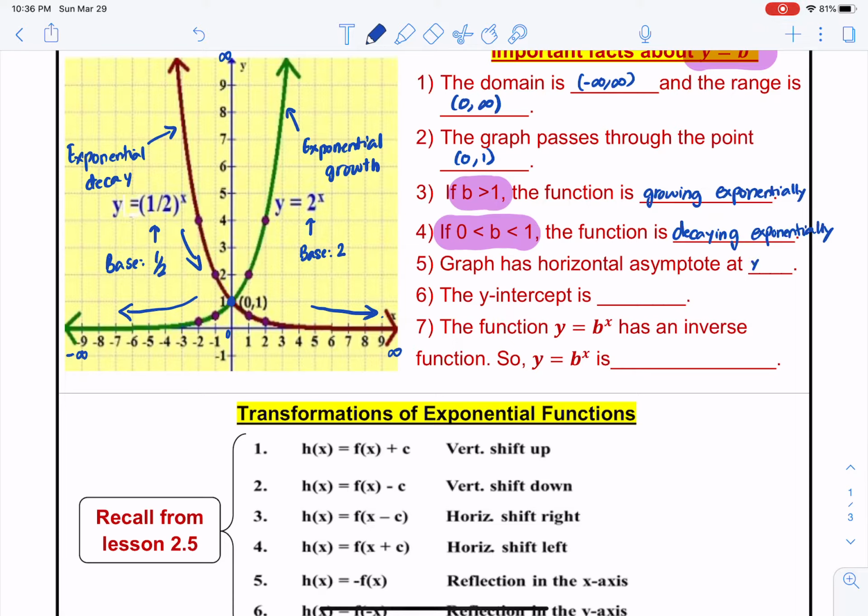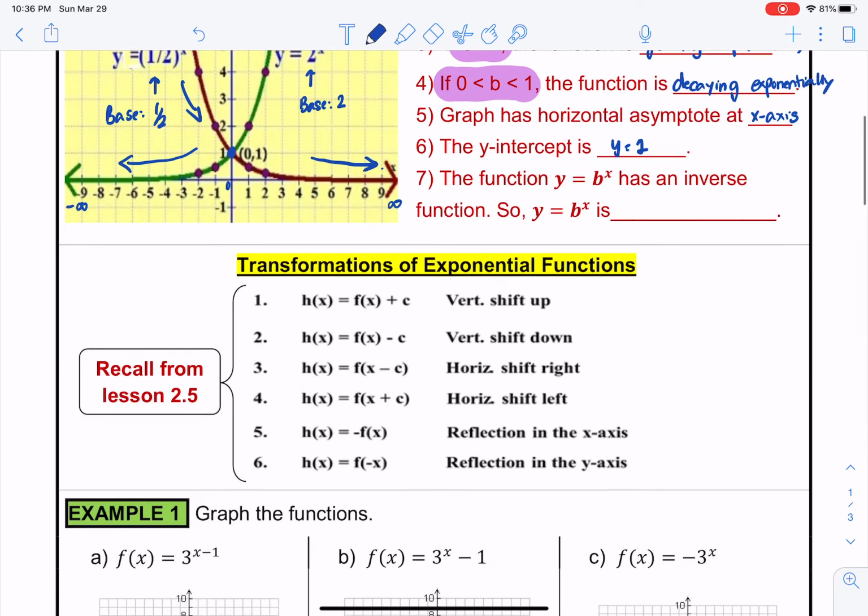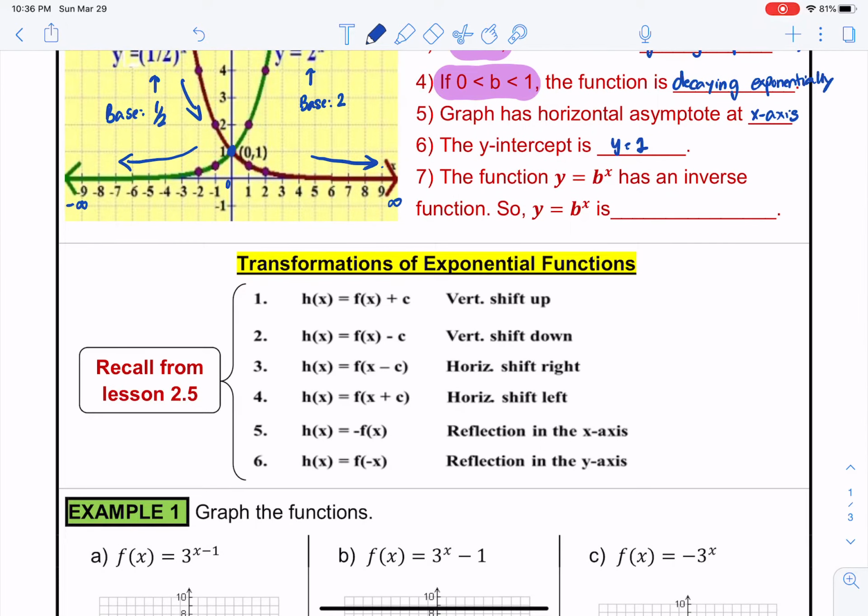So the horizontal asymptote is the x-axis. The y-intercept is y equals 1. An exponential function has an inverse, and if a function has an inverse, then we call it 1-to-1.